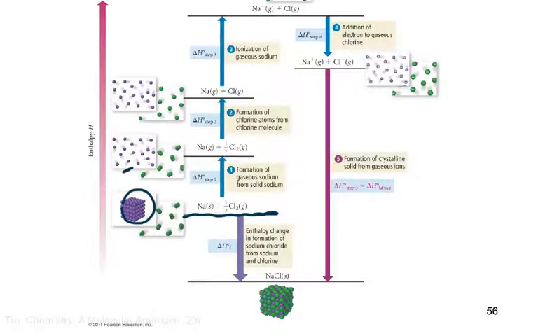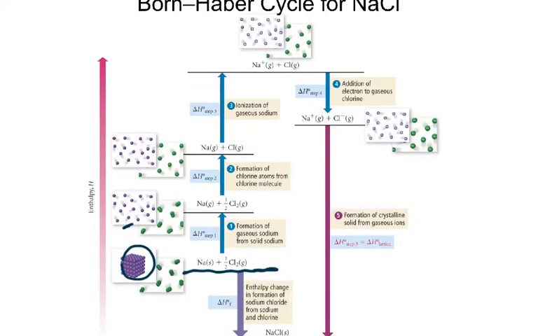Then we're going to break apart our chlorine molecules, which is going to involve some energy being added. Then we're going to use our ionization energy to figure out how much energy it takes to go from sodium to the sodium ion. Then we're going to get some energy back. This is going to be our electron affinity by giving that electron over to our chlorine.